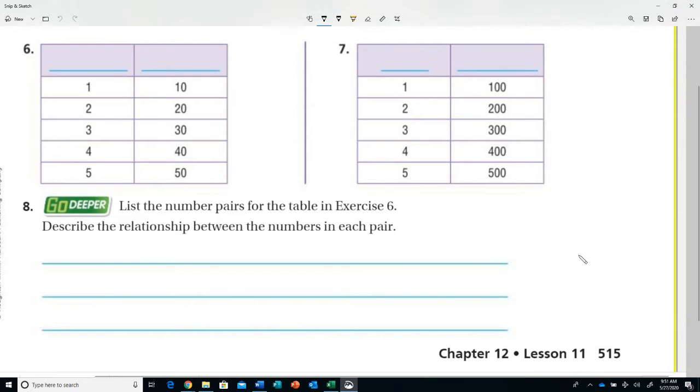So I know that the larger side is 10 times greater than the smaller side. 1 times 10 is 10, 2 times 10 is 20. So I'm looking for something where a single unit needs 10 of another unit to create it. I'm going to start kind of small here, and I'm going to say that this side is going to be centimeters and millimeters.